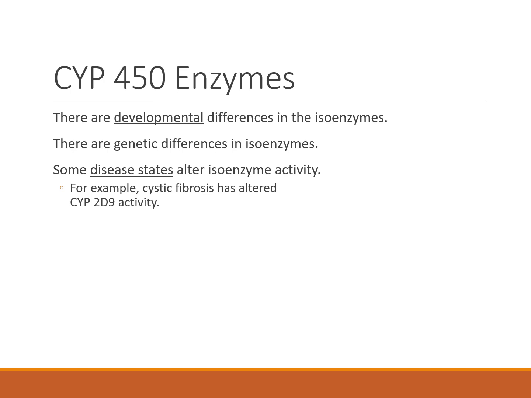That would identify it as the first genetically altered or mutated version of that isoenzyme that was found. There is a difference between SNPs and just the normal isoenzymes. You need to know the difference between these.